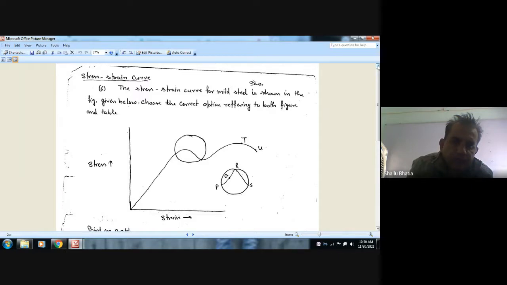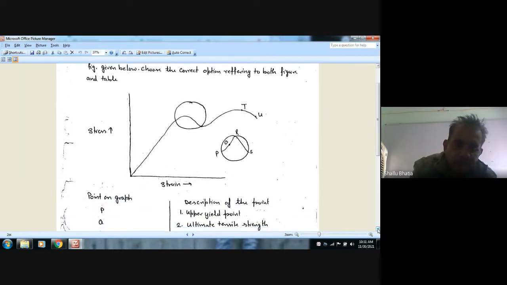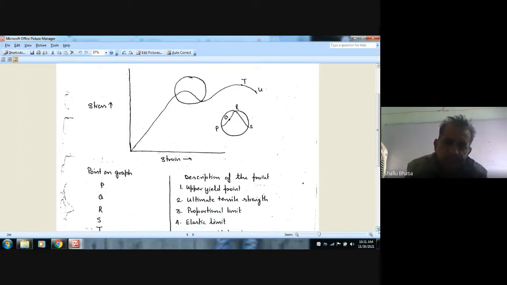Choose the correct option referring to both the figure and table. Points on the graph are P, Q, R, S. Descriptions are: 1 upper yield point, 2 ultimate tensile strength, 3 proportional limit, 4 elastic limit.